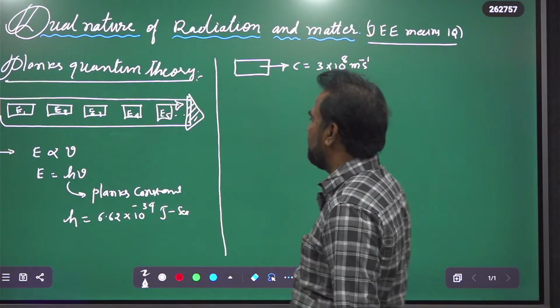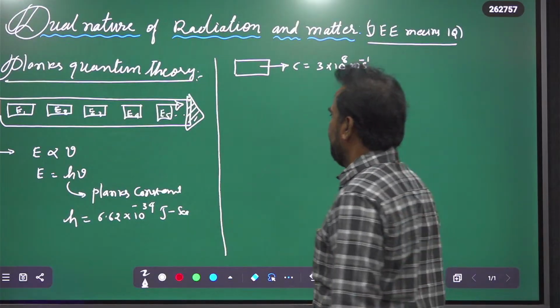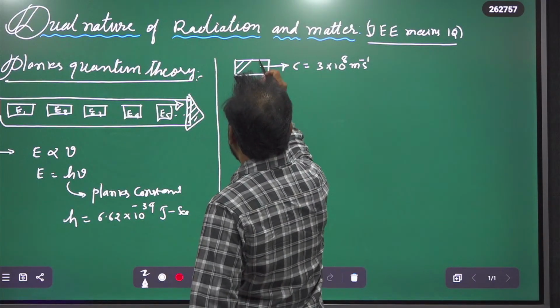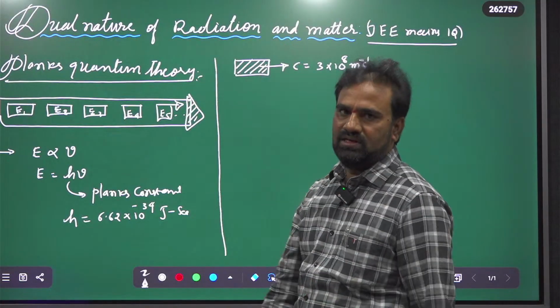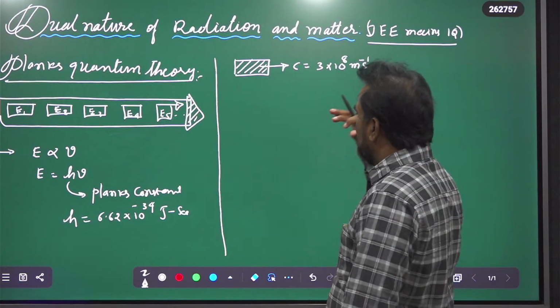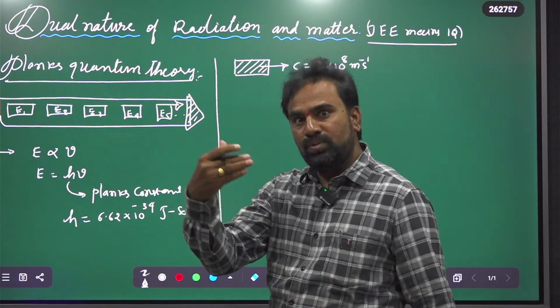The photon possesses energy and the photon possesses momentum also.